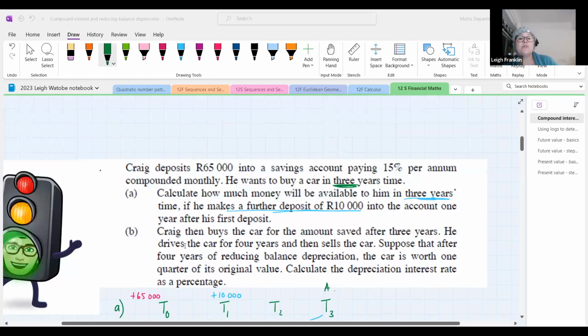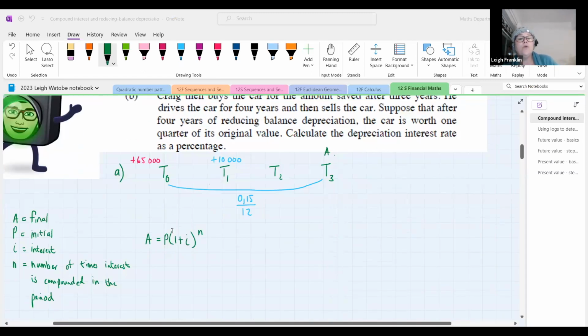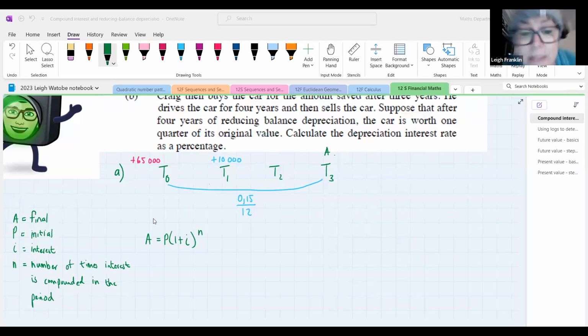So very important. When we are working with compound interest, n represents the number of times that interest is compounded in the period. It is not the number of years, unless, of course, we're working with an interest rate where it's being compounded annually, but you're not going to see that in grade 11 and grade 12 anymore.